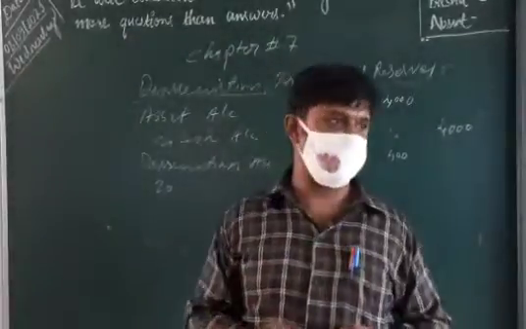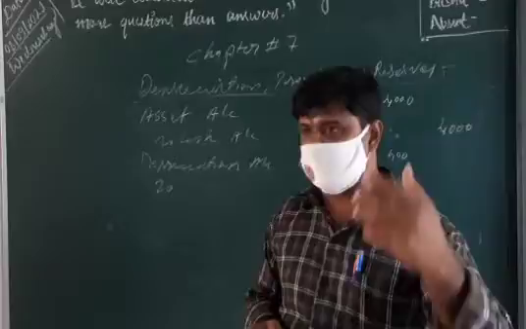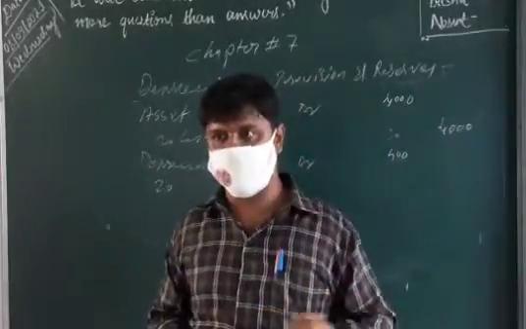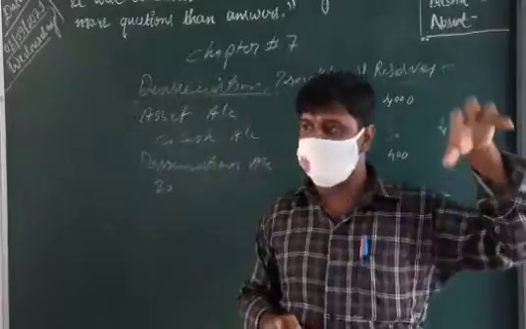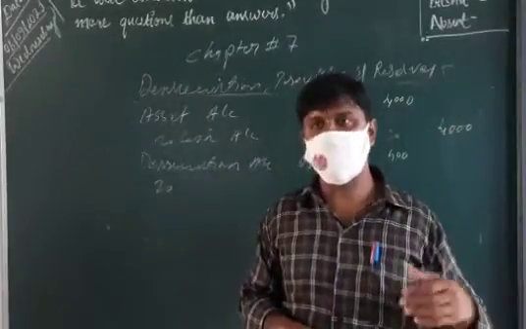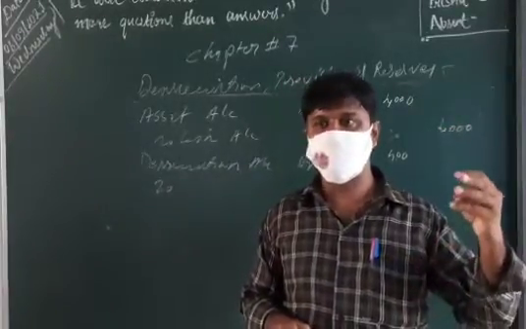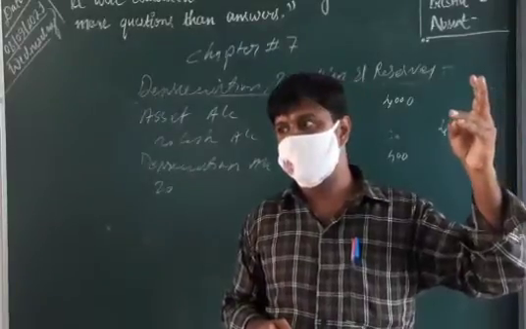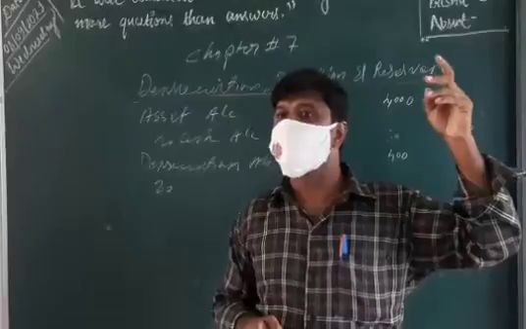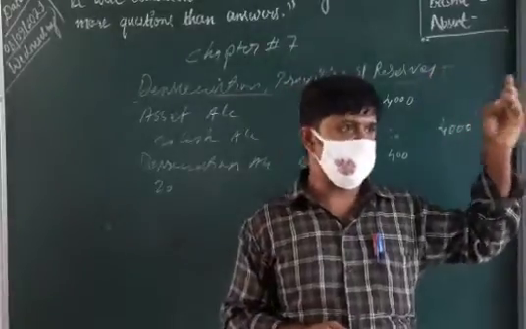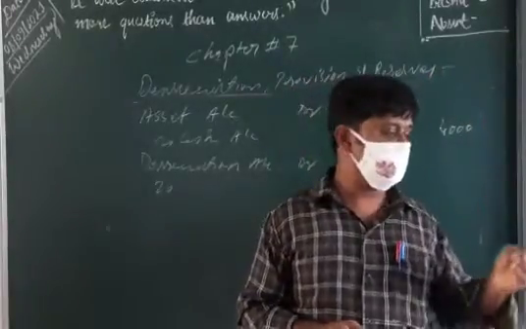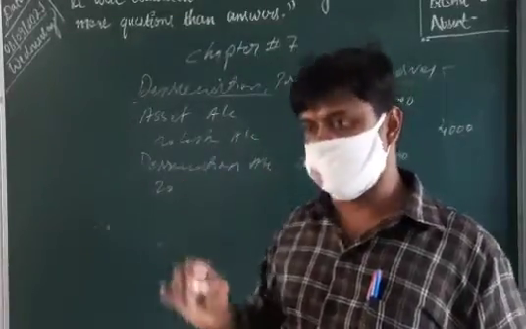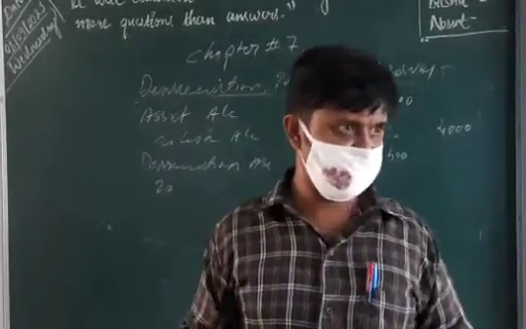There are different methods to create that provision. In a normal, simple way, I say we collect the last 3 months' bill amounts. That means before August: July, June, before that May. So May, June, July, the 3 months' average electricity charge we take.